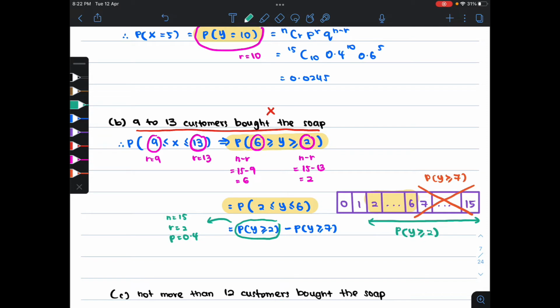So using table 1, we will get 0.9948. And for P(Y more or equal to 7), the new R is 7 and the new P is 0.4. And by using table 1, it is 0.3902. And hence, the final answer is 0.6046.